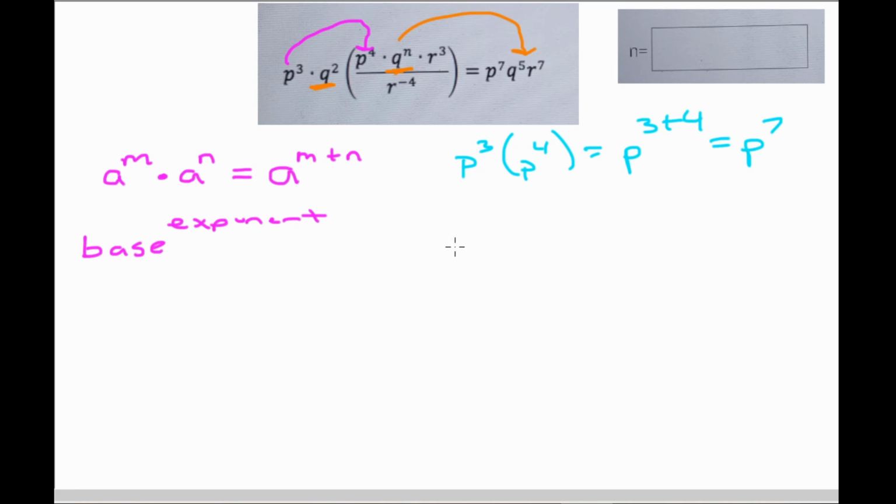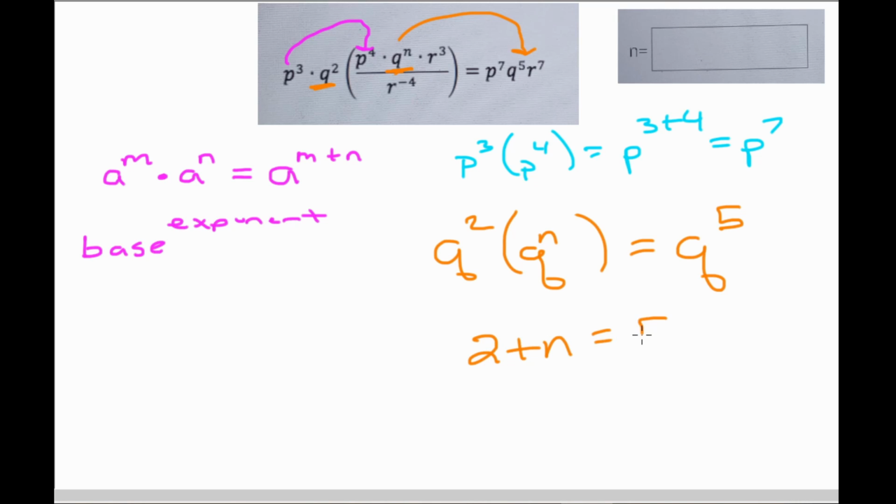So what I have is Q squared times Q to the n, and I want to know how do I make that Q to the fifth. So what I can do is, looking at just the exponents, 2 plus what number equals 5, and I'm going to subtract 2 from both sides, and I get n equals 3.